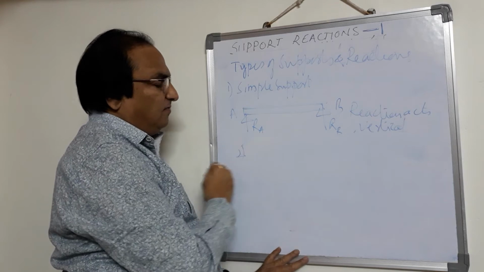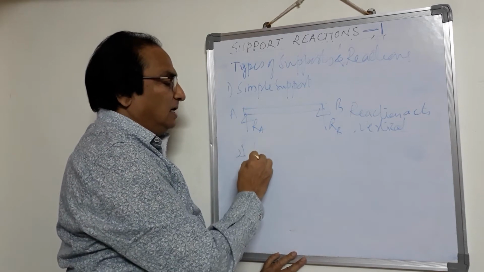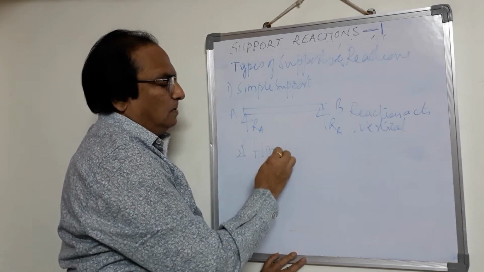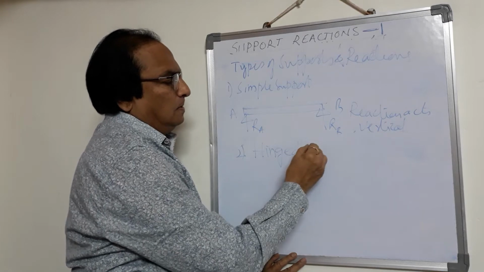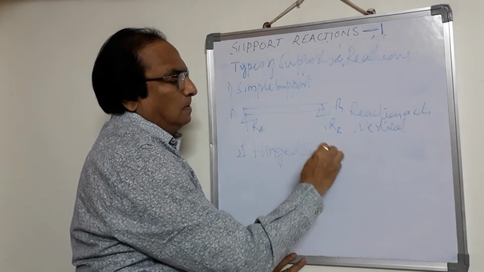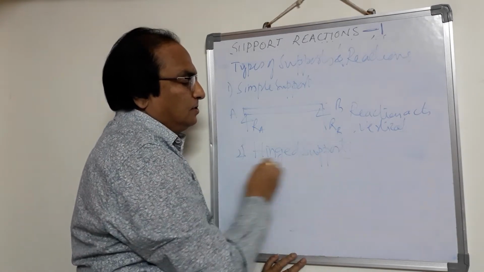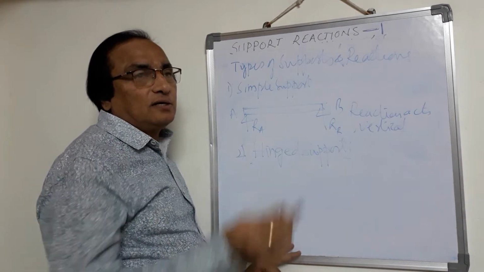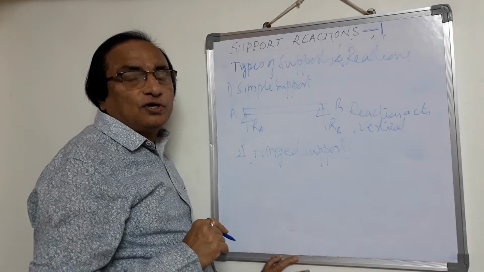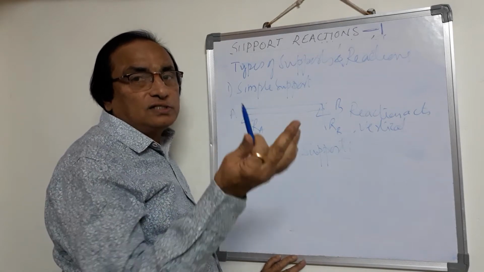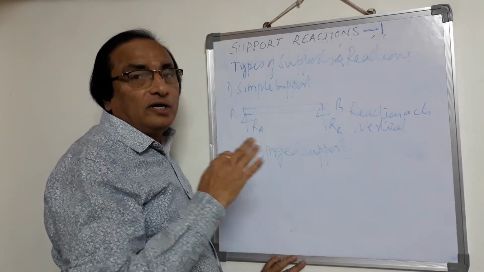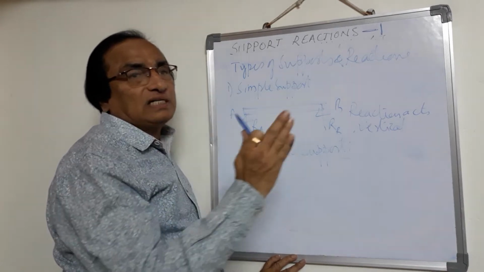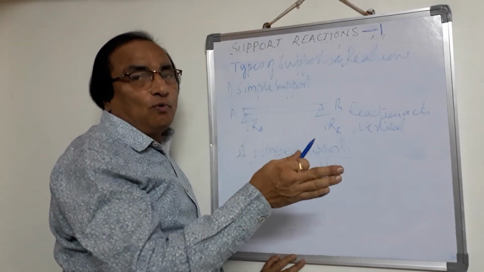The second type of support we come across is hinged support. So you have seen hinges. They are used for opening and closing of doors and windows. They are the hinges which can freely rotate, but cannot move in x direction nor in y direction.